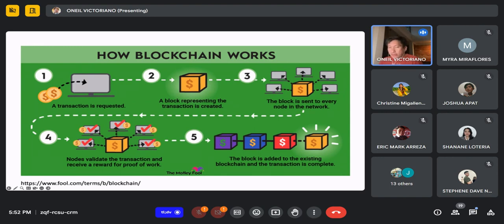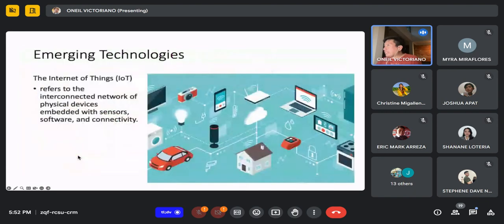Okay, so the next emerging technology would be IoT, which is not new to you, because your cell phone or your smartwatch are actually IoT. It's a network of physical devices with embedded sensors and software for connectivity.